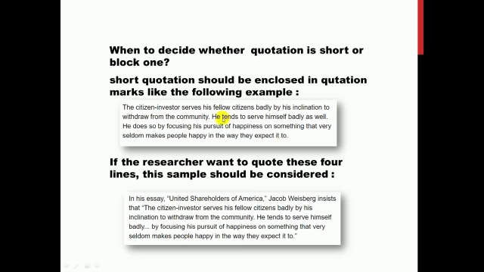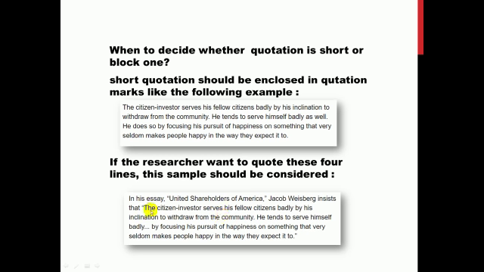Now, this is a very simple paragraph, and the author or the researcher wants to quote from it. If the researcher wants to quote these four lines, this sample should be considered. So this paragraph is the quoted material.